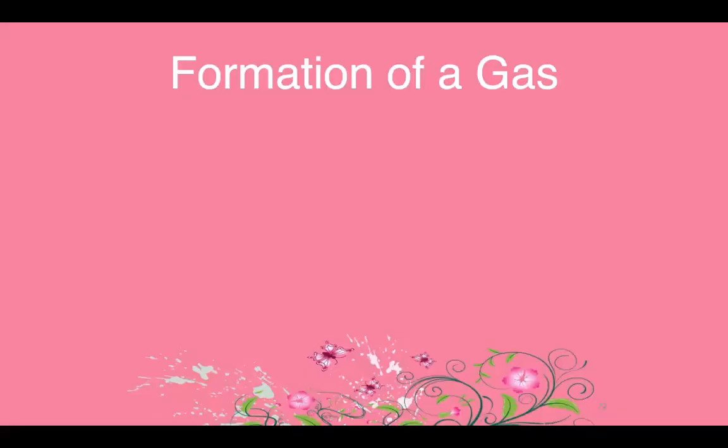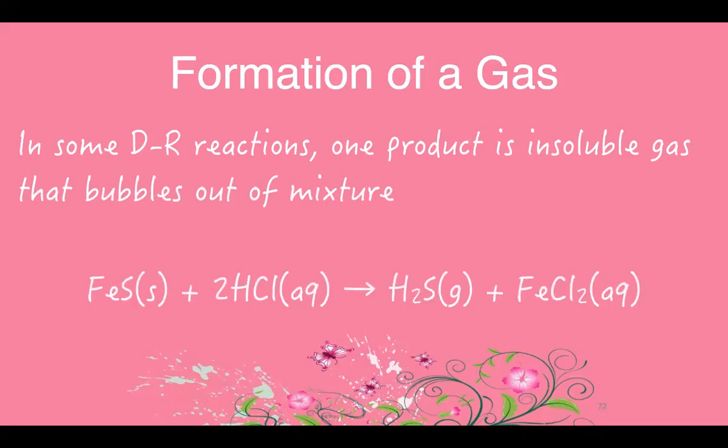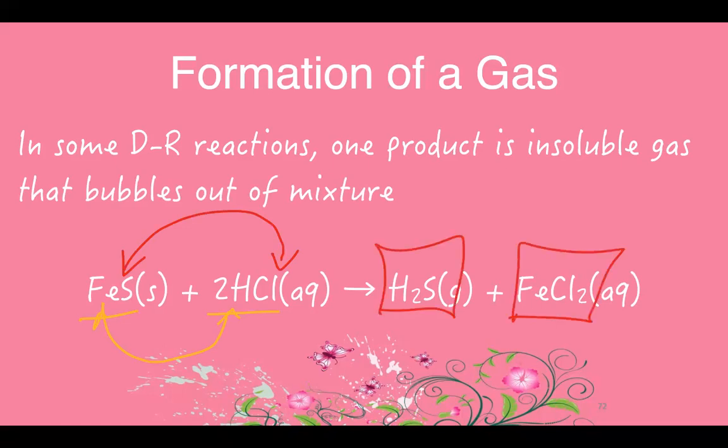Anyway, that is a gas. So when you have a reaction like this, it's still double replacement because you've got two compounds. You can have the iron and the hydrogen swap places, or if you prefer, have the sulfur and the chlorine trade places. Either way, the iron goes with chlorine and the hydrogen goes with sulfur.